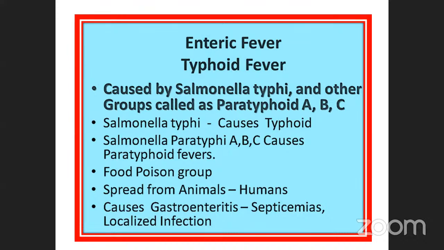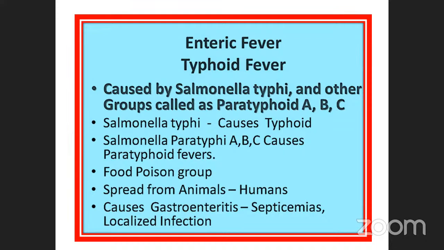See here, A, B and C are called paratyphoid. Typhoid is caused by Salmonella typhi, and the other group is called paratyphoid A, B and C. Salmonella typhi causes typhoid; Salmonella paratyphi A, B, C cause paratyphoid fever.